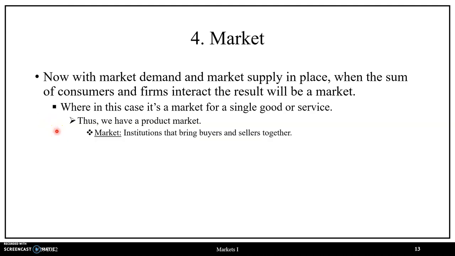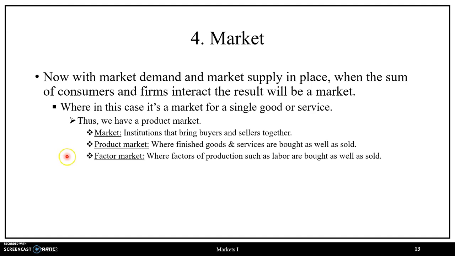And in terms of our definitions, recall that a market is an institution that brings buyers and sellers together, where in this case, it's going to be the restaurant location that acts as the vehicle between interacting for the restaurant owner and the consumers in terms of buying and selling pizzas. And since we're considering pizza slices, we have a product market where finished goods and services are being bought and sold, where the finished good is the pizza slices.